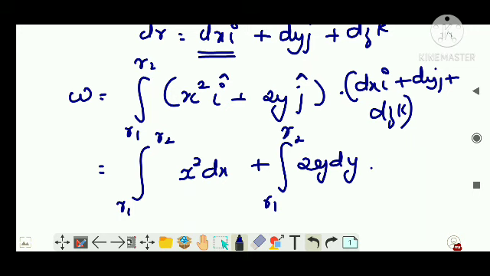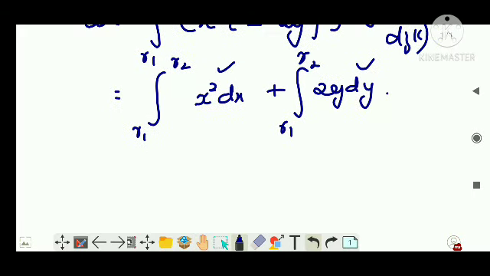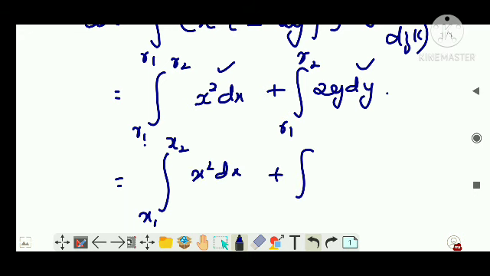Right now guys, it is better, this component is having x only, this component only having y. So in place of r1 and r2, I can actually write it as what, x1 to x2, x squared dx plus y1 to y2, 2y dy. Why? Y components only, so you are finding the variation from y lower limit to y upper limit.